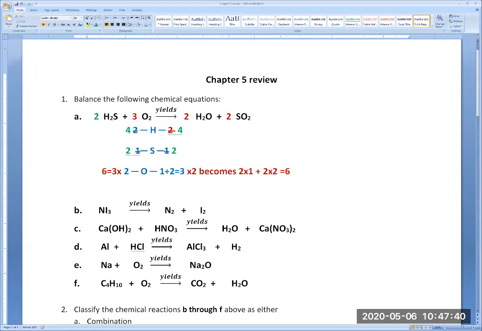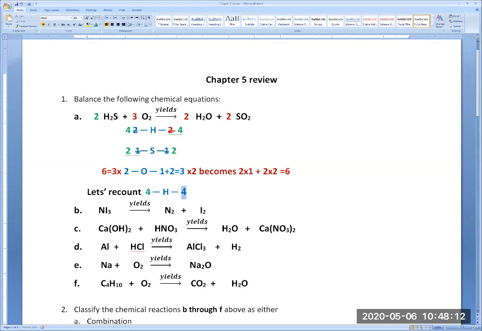So let's verify that the count is correct. For this, it's easier to, so let's recount. Hydrogen, we have 2 times 2, 4 on the left, and on the right we have again 2 times 2, 4.